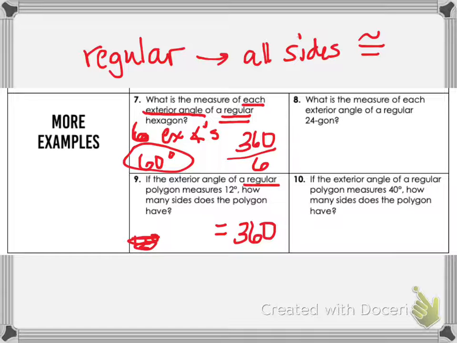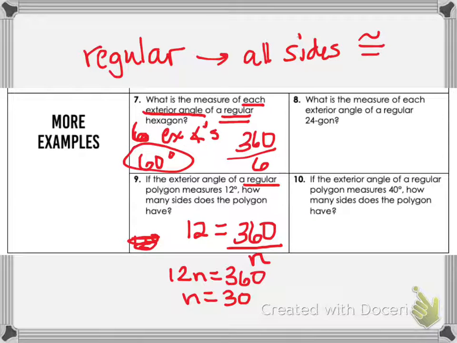So basically, if we take 360 and divide by the number of exterior angles, we're getting 12. So we will solve this equation. 360 divided by 12 is 30. So this polygon has 30 sides, which we would just call a 30gon.